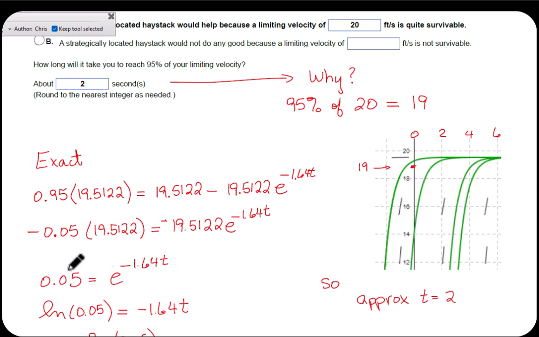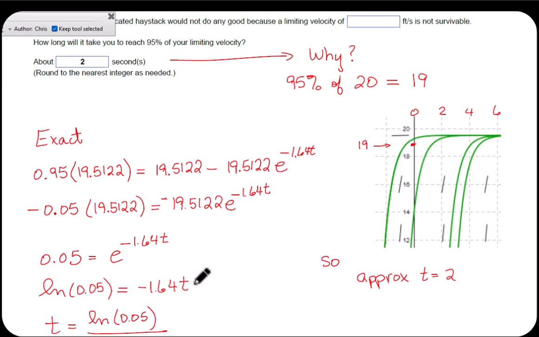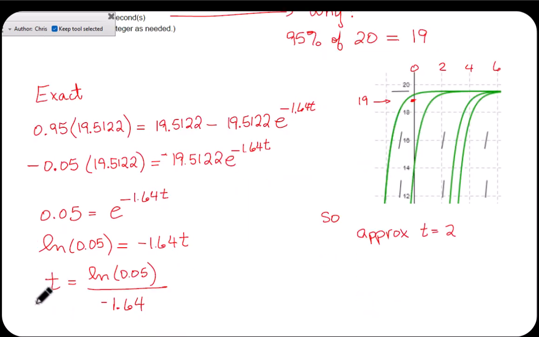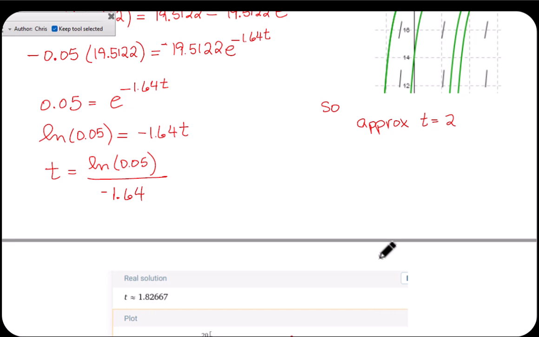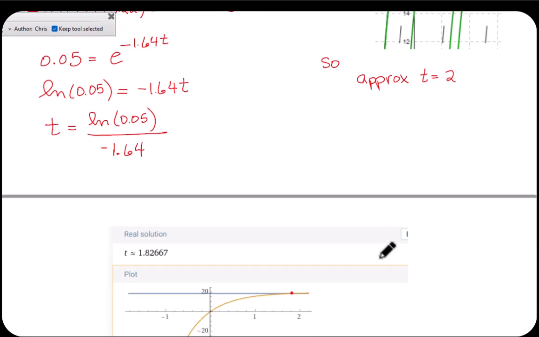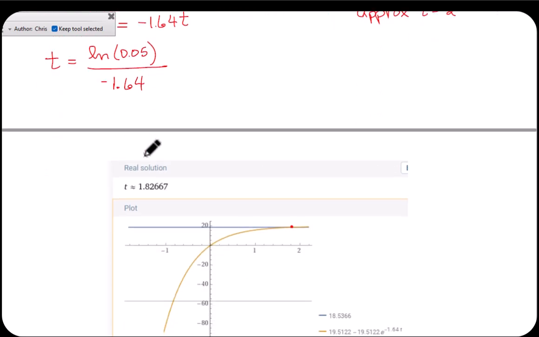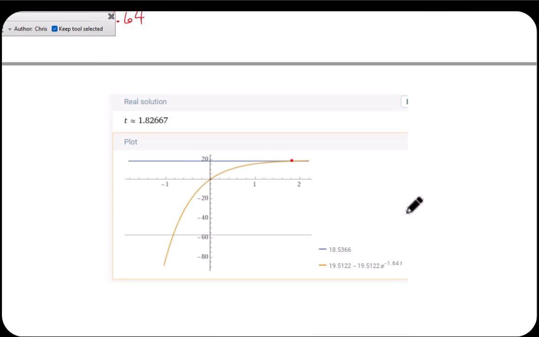And now I'm solving, and you keep isolating until you get t by itself. When you calculate this, you get that t is around 2 seconds. If we did this precisely, you would see that t is about 1.82.